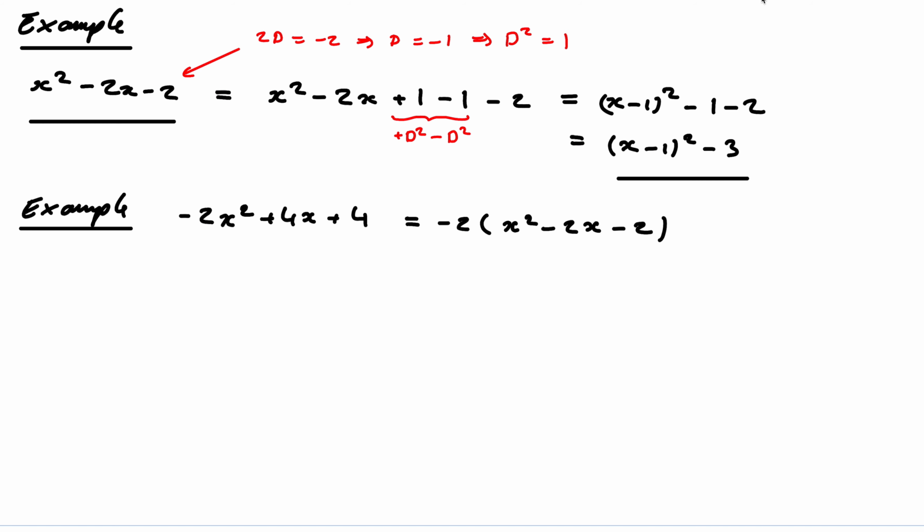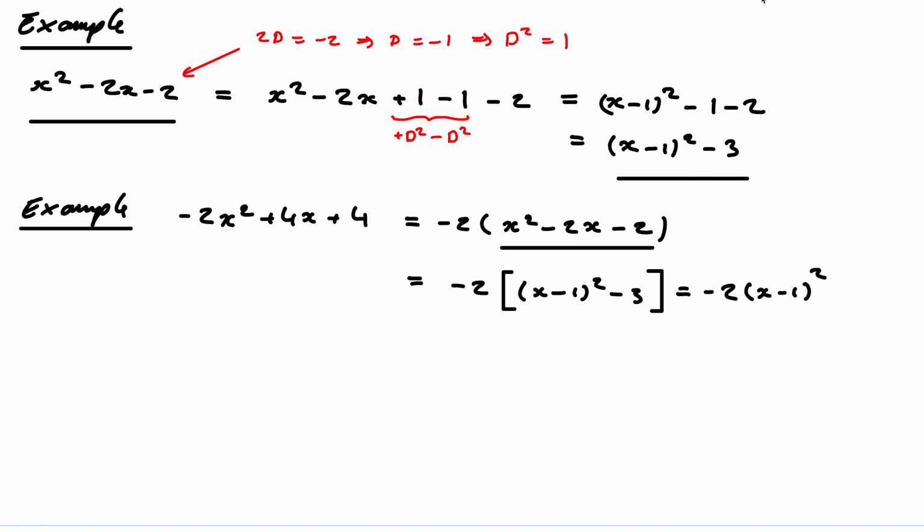And notice that is exactly what we've just done, right? That is equal to all 3 of these. So this becomes equal to what? It will be minus 2, so I'll do a square bracket now, x minus 1 squared minus 3 all together. So putting everything together would give me minus 2 times x minus 1 squared. What would it be? It would be plus 6, wouldn't it?